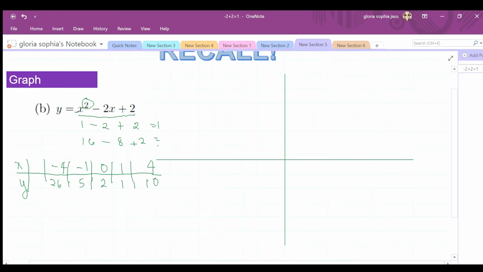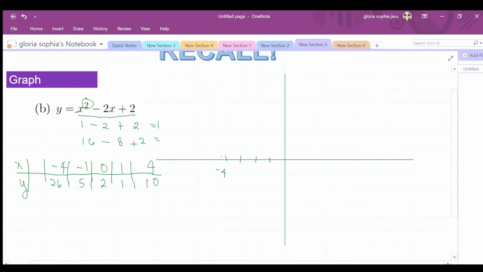Okay? So, ngayon, pwede na natin siyang i-graph. So, dito, class, pwede rin isang technique is kunin natin yung vertex niya. Okay, so mamaya papakita ko sa inyo. Plot muna natin tong points. So, -4, 1, 2, 3, 4. So, -4. Tapos, 26.